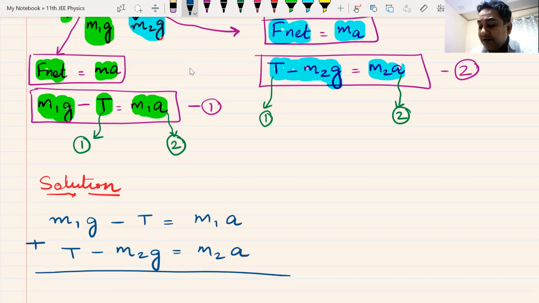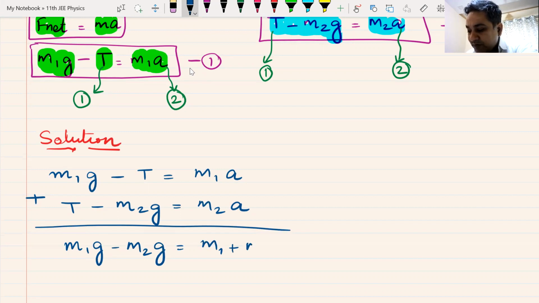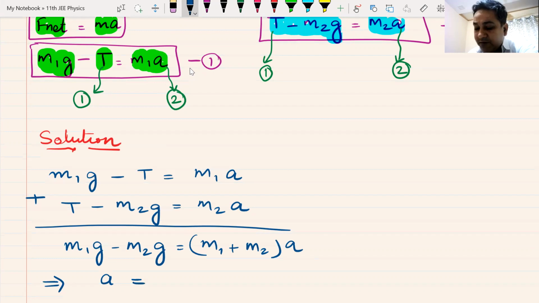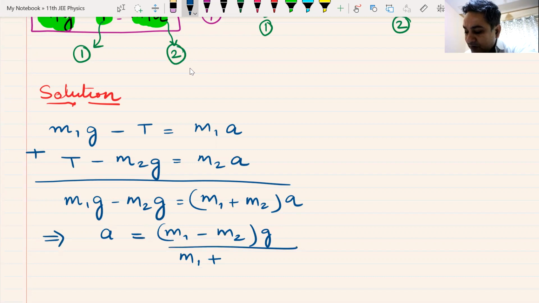I just add these two equations. I get m1g minus m2g is equal to (m1 plus m2) times a. This implies that a becomes (m1 minus m2) times g divided by (m1 plus m2).